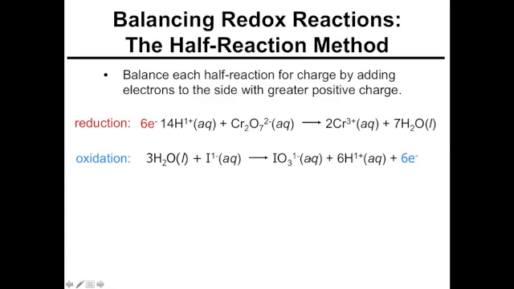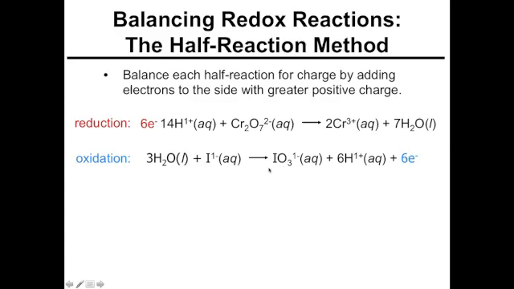So I need to add electrons to the more positive side, that would be the product side, and I need to add enough electrons to get this side to have a net of a negative 1 charge, so it'll be equal to the charge on the reactant side. In order to get from a plus 5 to a minus 1, I need to add 6 electrons here.